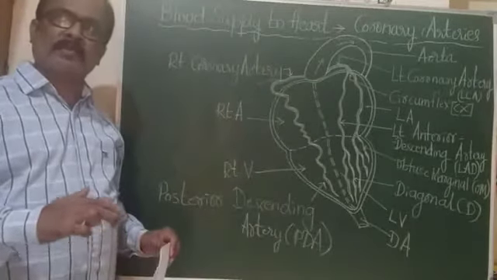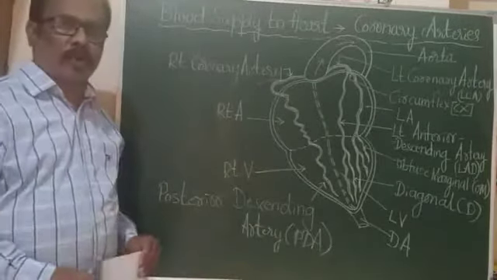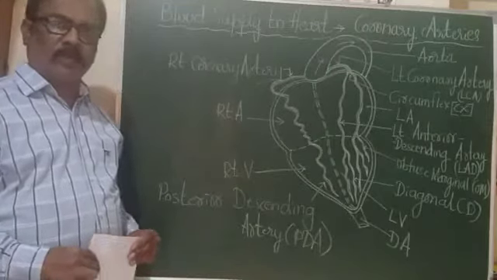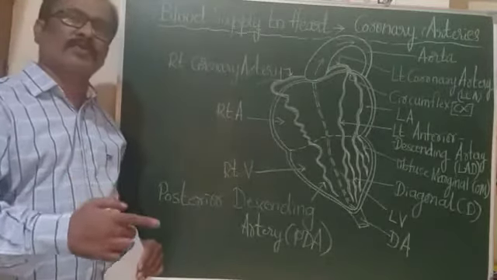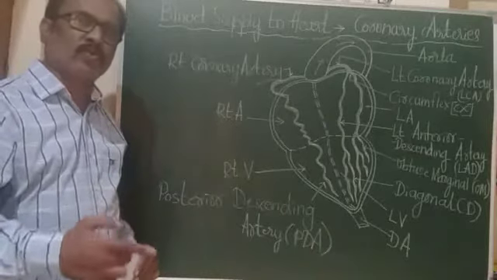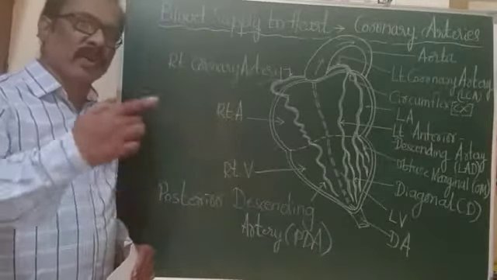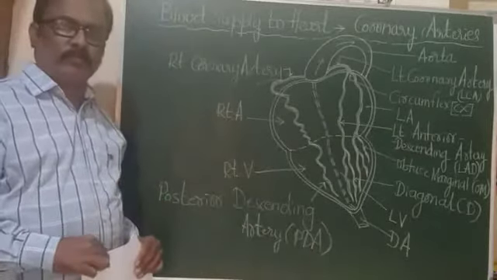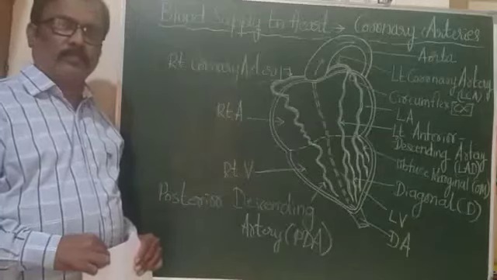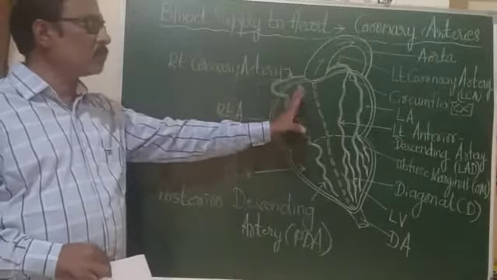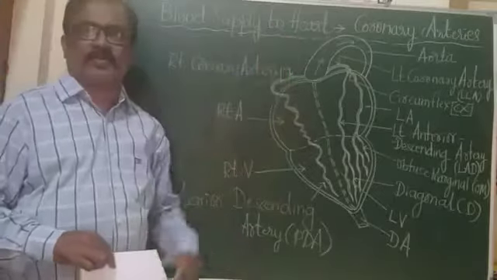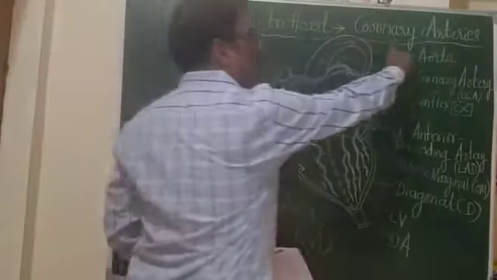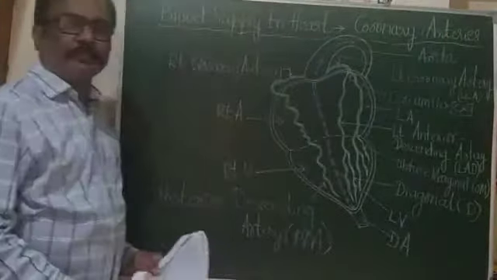The heart supplies the blood to all parts of the body. For that function, it requires nutrients, oxygen, and also the waste produced has to be removed. So we will discuss the blood supply to the heart, that is by coronary arteries.